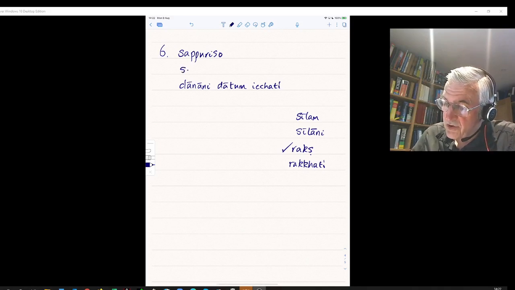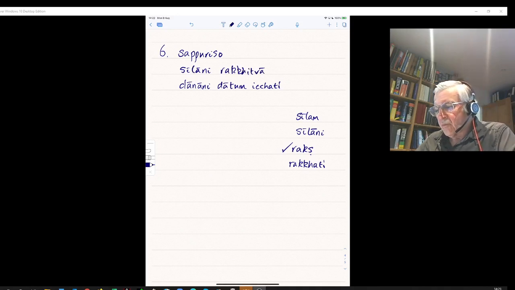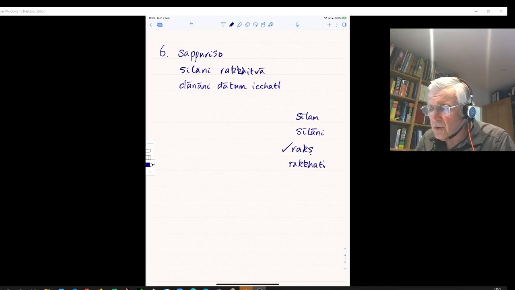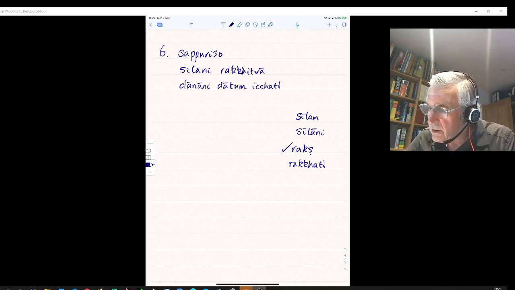The sappuriso silani rakitva. You could also say silani rakitum if they're purely concurrent. So sappuriso silani rakitum danani datum ichati. Rakitva or rakitum.